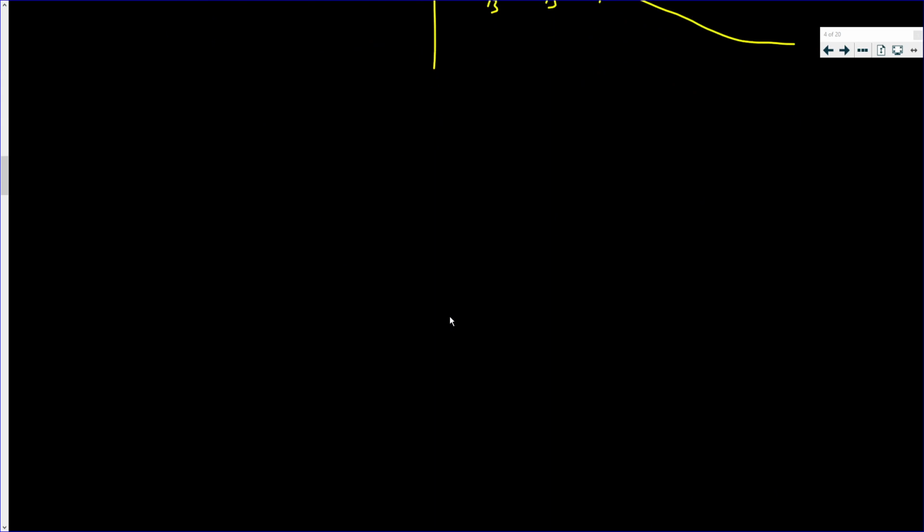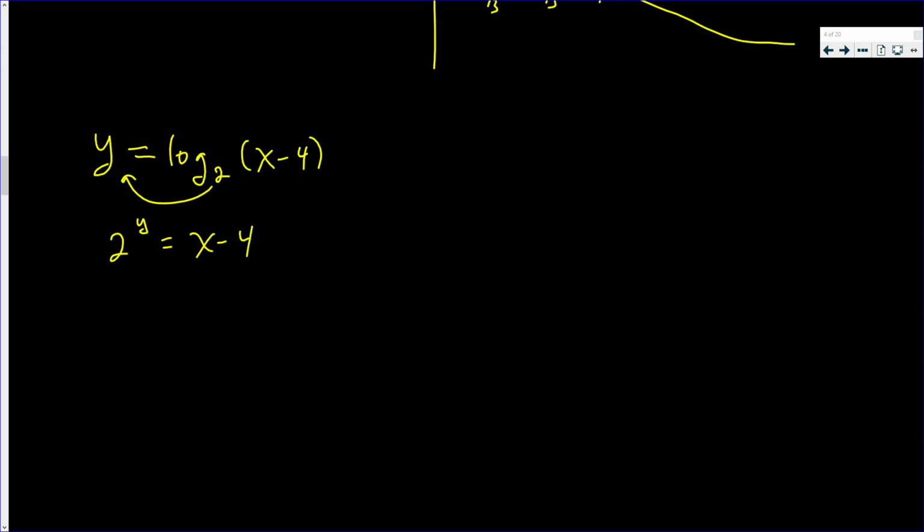Now, what if we have y is equal to log base 2 of x minus 4? Well, this means 2 to the y is equal to x minus 4. Now, you can bring the 4 to the other side or not. That's up to you.